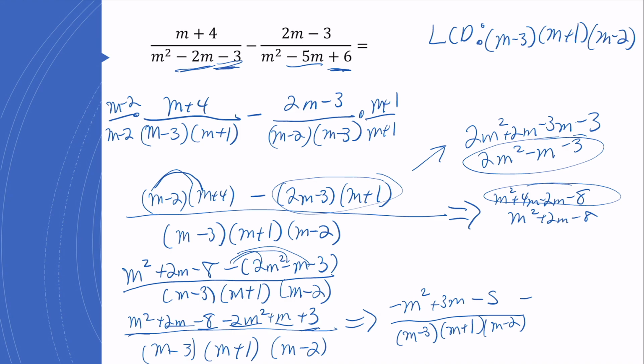But we can see that there are no factors of positive 5 that add up to negative 3. So this is fully factored. Nothing simplifies out, which is kind of a bummer. So that's going to be our final answer, all over our major denominator.